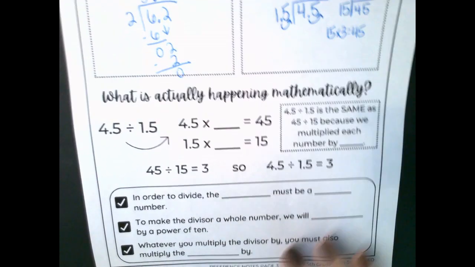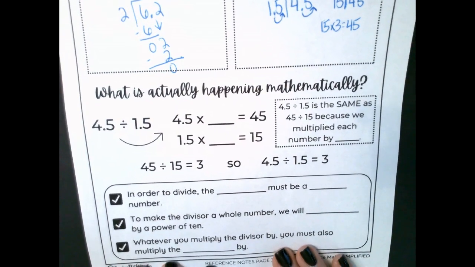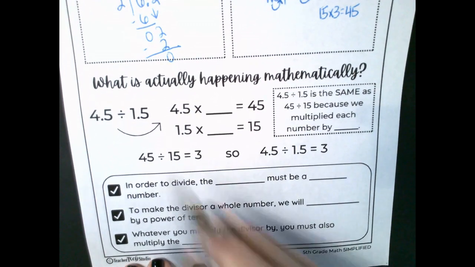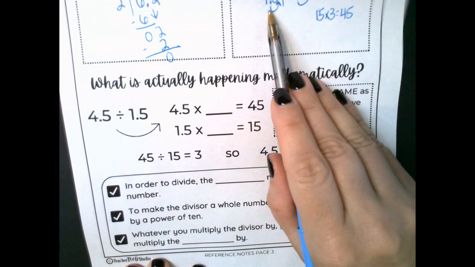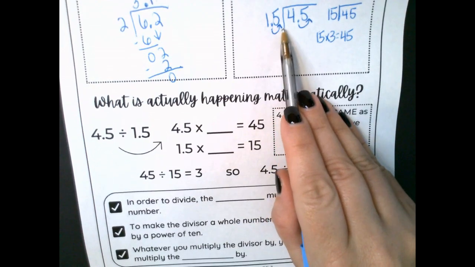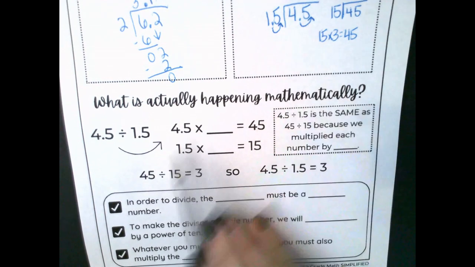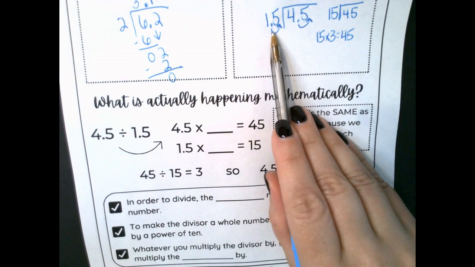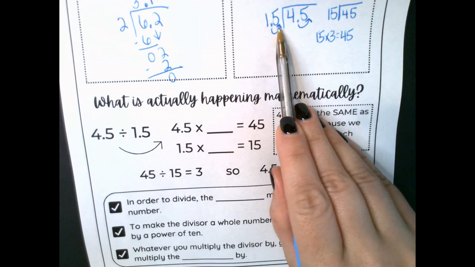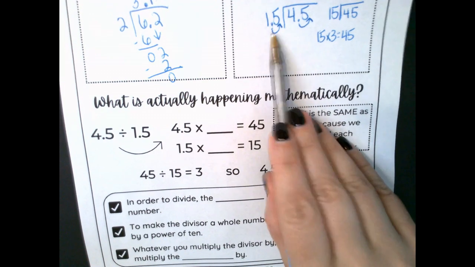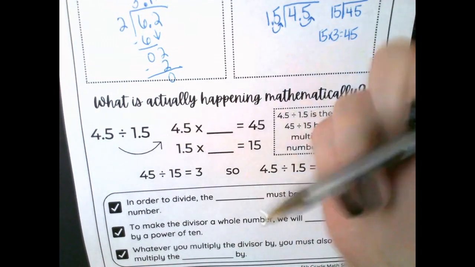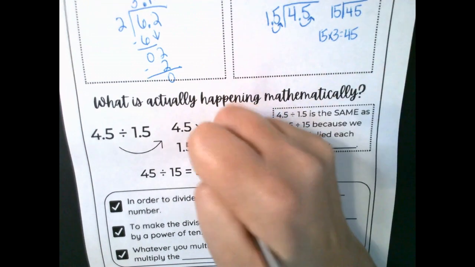Now we're going to look at what is actually happening mathematically here. When we slide those decimal points, we are actually multiplying by a power of 10. When we slide those decimal points one time, which is what we did in this case, we are actually multiplying by 10.